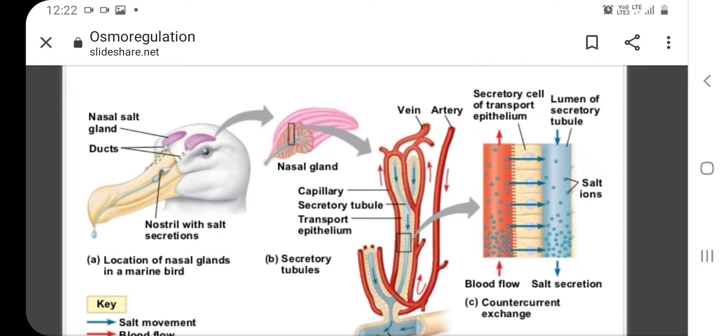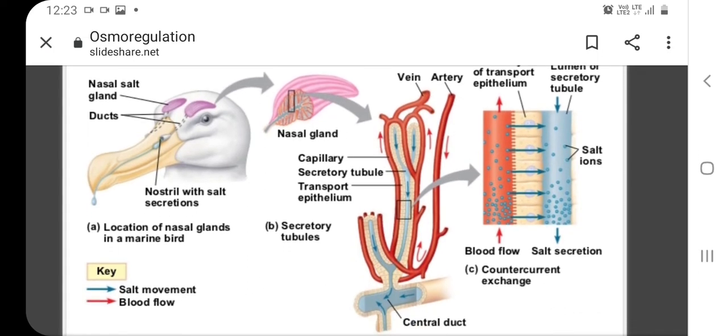You can see the secretory cell of transport epithelium, lumen of the secretory tubule, and the concentration of ion. By counter exchange method, the ion is transferred to the secretory tubule.